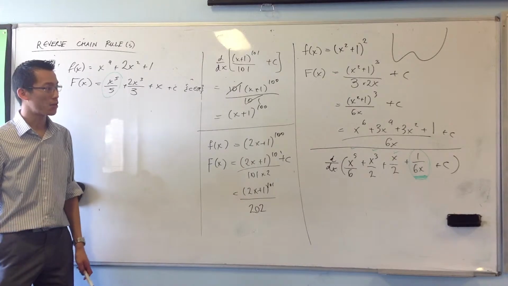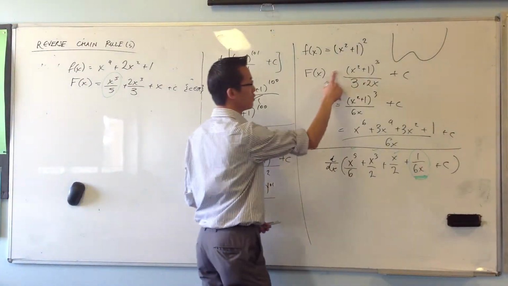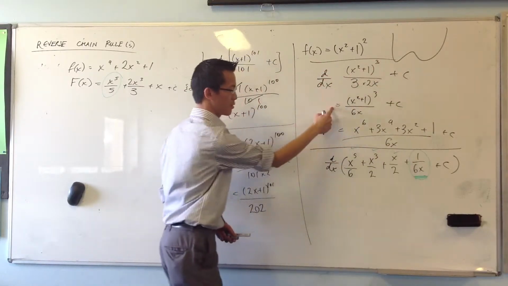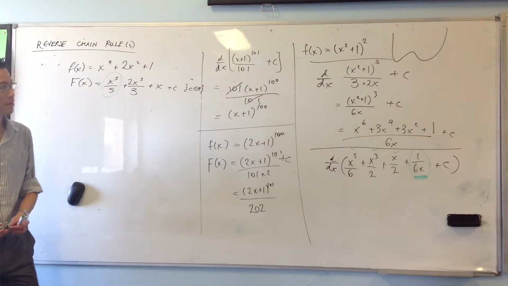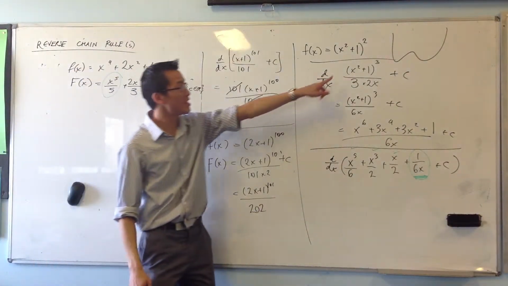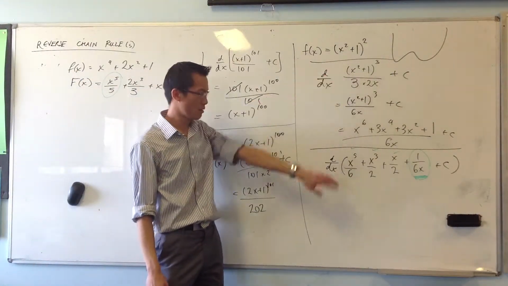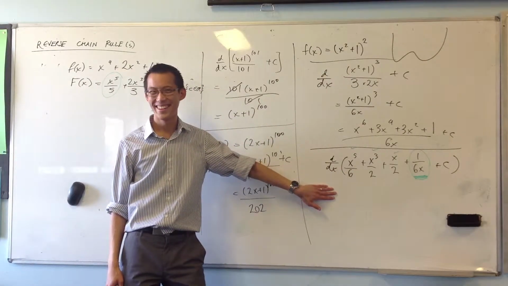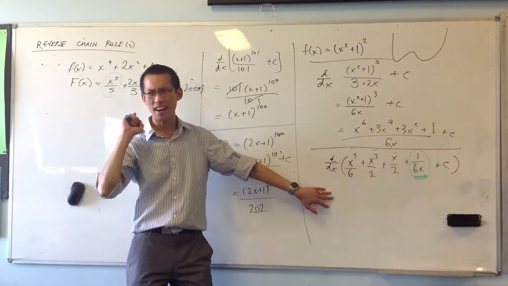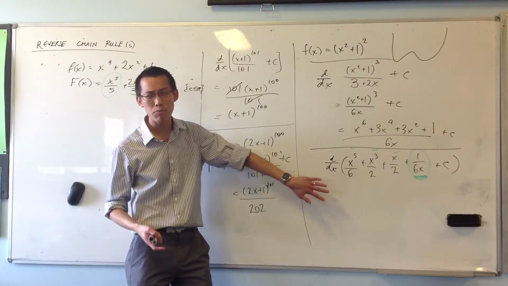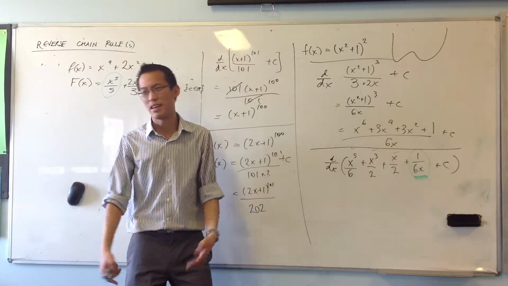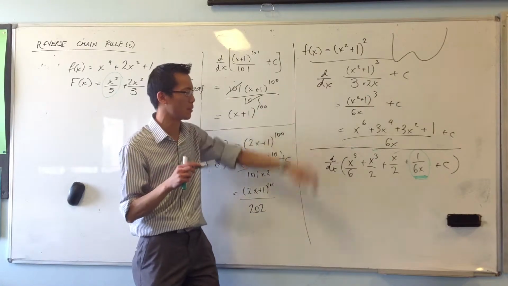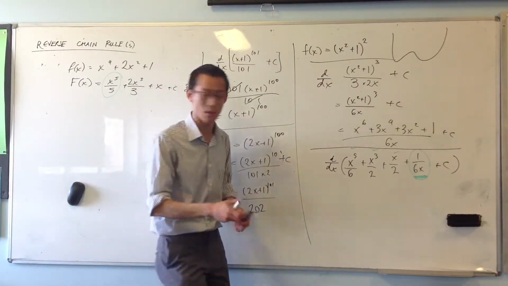Should I differentiate this, or should I differentiate this? Which one do you think would be easier? The bottom. I suggest the bottom one probably because I don't like quotient rule. I actually haven't tested it out. Maybe it would be quite simple, but I'm going to go with this one because power is really easy to work with. Okay, let's differentiate.